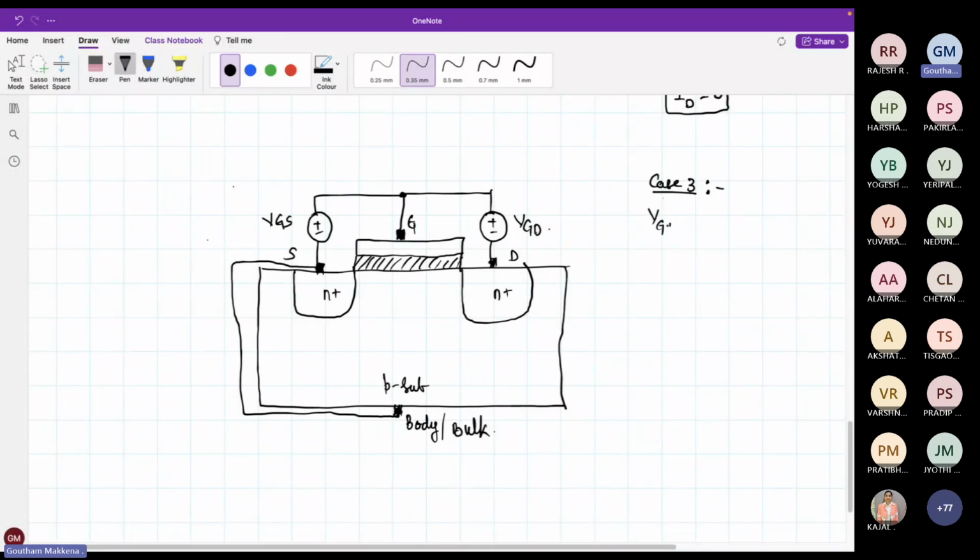My VGS is greater than VTH, but VGS is greater than VGD. So VGD is also greater than VTH. This is the case that I have now.